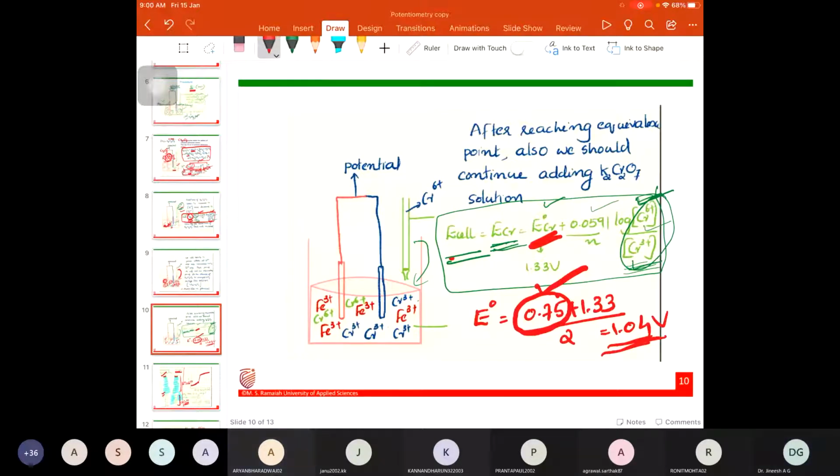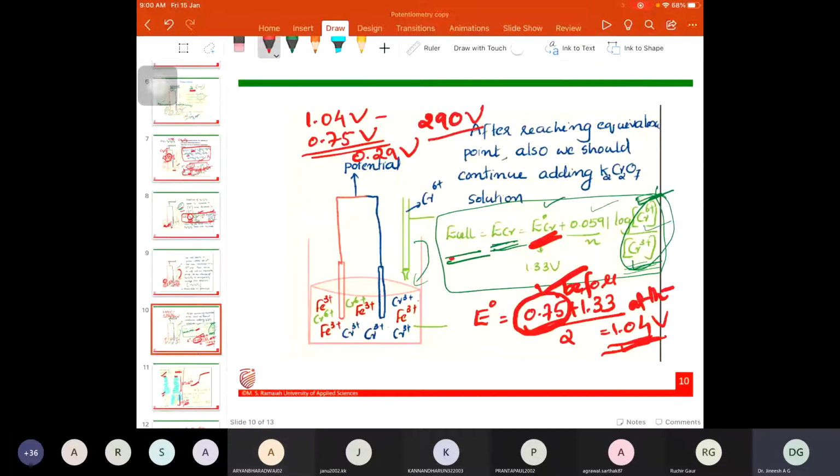So before, at the equivalence point, is there any difference in E0 value? 1.04 volt minus 0.75 volt, is it around 0.29 volt? 0.29 volt means around 290 millivolt.